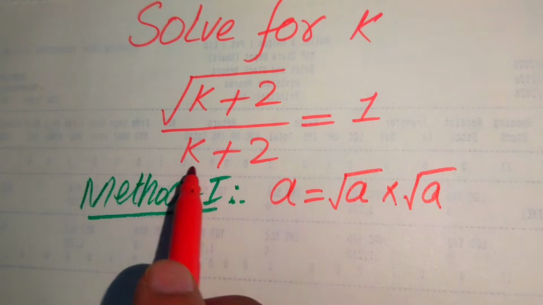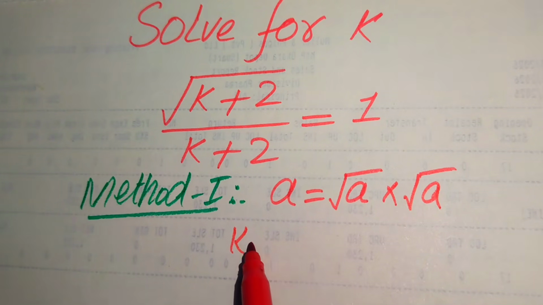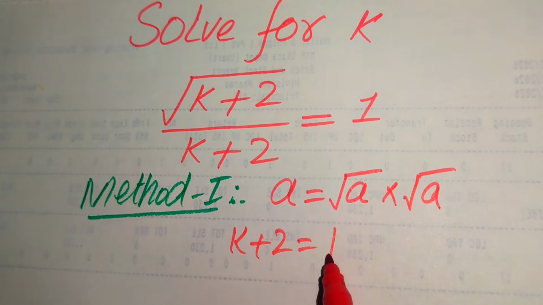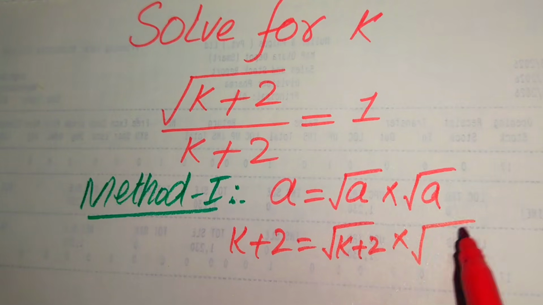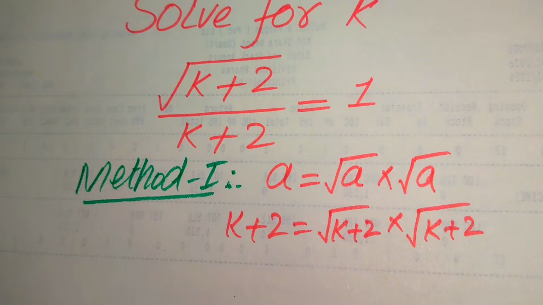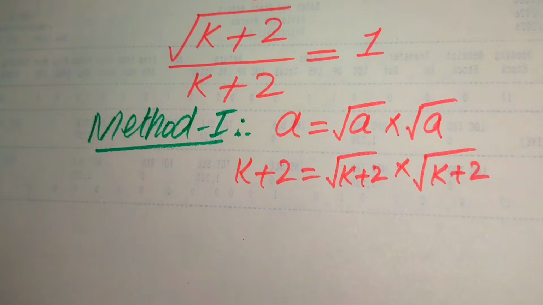So in the same pattern, we write the term k plus 2 in the form of the square root of k plus 2 multiplied by the square root of k plus 2. According to this rule, we write the given equation in this form.